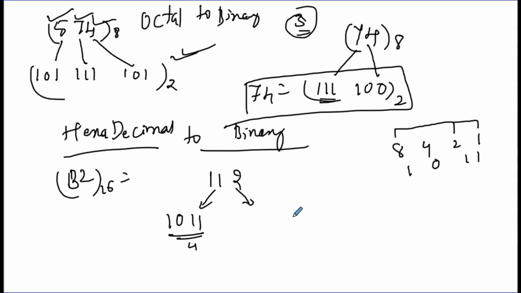For 2 also we have to write 4 digits. For 2, put 0 in the 8 place, 0 in the 4 place, 1 in the 2 place, and in the last place write 0. That is the equivalent number, 0010. Yes, this is the binary number for B2 in base 16.